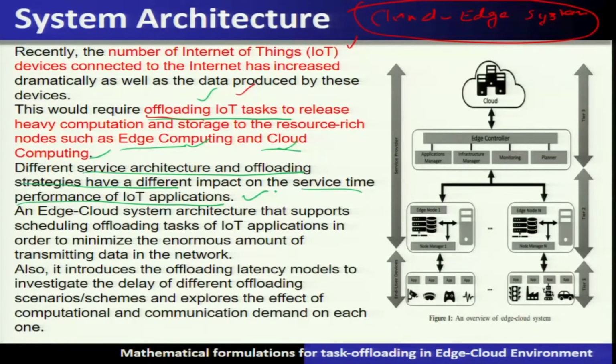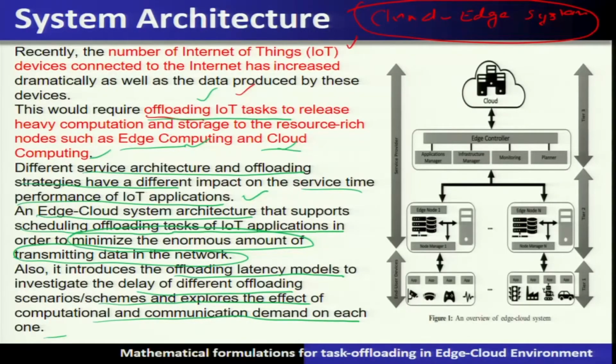Let us understand through this edge IoT system architecture that supports scheduling offloading tasks of IoT applications with the objective to minimize the enormous amount of data which are transmitted in the network. So, this introduces the offloading latency models to investigate the delay of different offloading scenarios and explore the effect of computational and communication demand in each one of them.